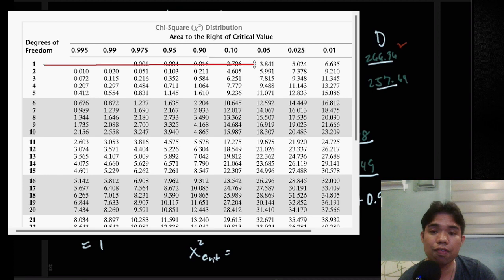This is the level of significance in our given, and usually it's 0.05. So 0.05, so it's here. No more one tail and two tail, so it's automatically two tail for chi-square. There's no such thing as one tail for a chi-square distribution. So our chi-square critical value is 3.841.